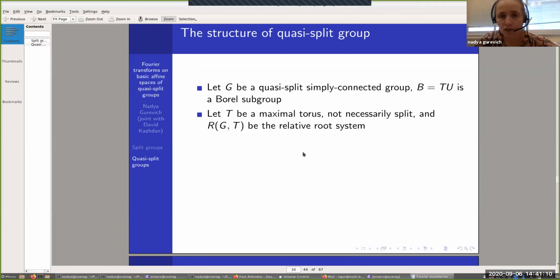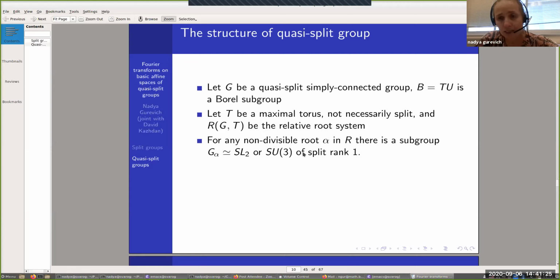In any case, we consider a quasi-split group G, and it contains a maximal torus, and with respect to this torus there is a relative root system. Exactly as the split group can be glued from many rank 1 subgroups, which are all isomorphic to SL2, for a quasi-split group there might be 2 possible rank 1 groups.